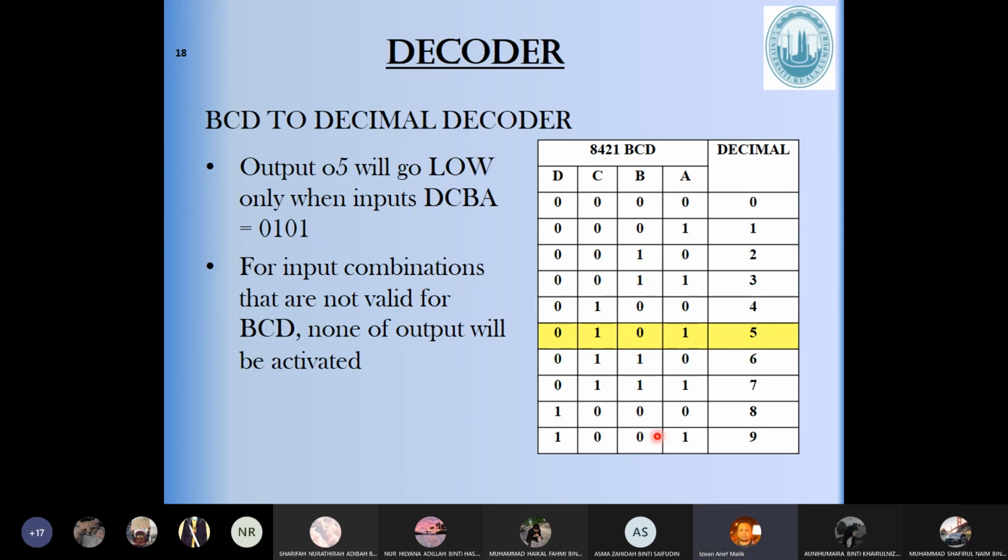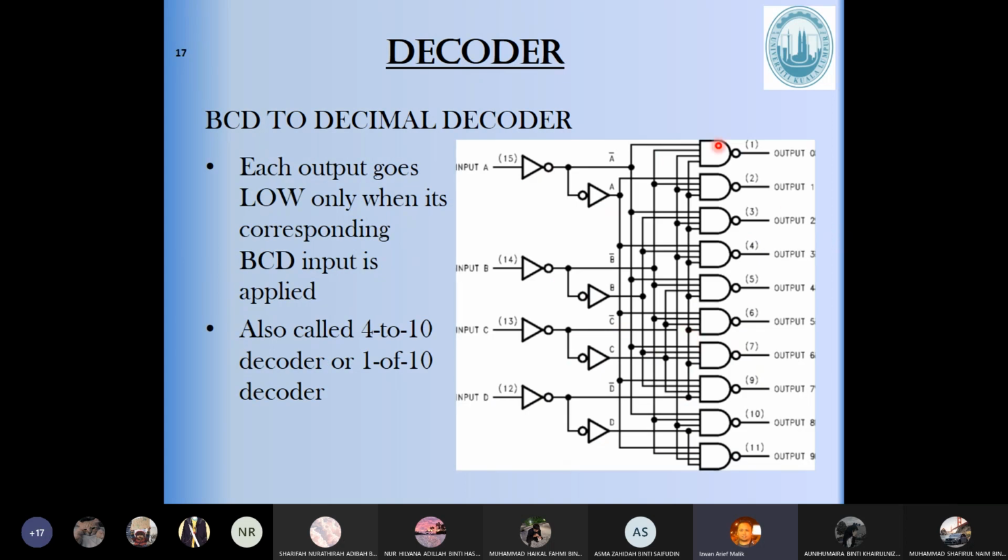Okay, so here output 05, which is 5 lah, will go low only when inputs of the CBA is 0101. Okay, kenapa dia jadi low? Sebab diagram ni tadi menggunakan NAND gate. Okay, jangan confuse penggunaan NAND gate dengan AND gate ni. Student kadang-kadang dia bukan confuse, dia tak faham, normally student lalai.